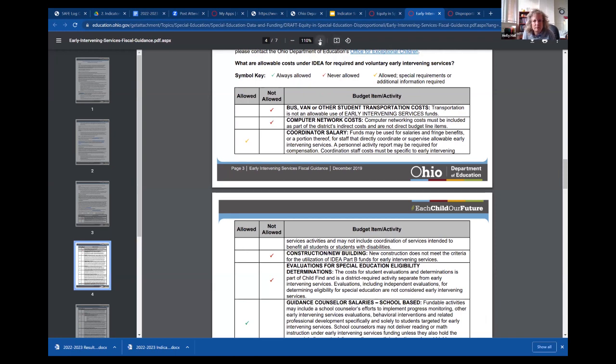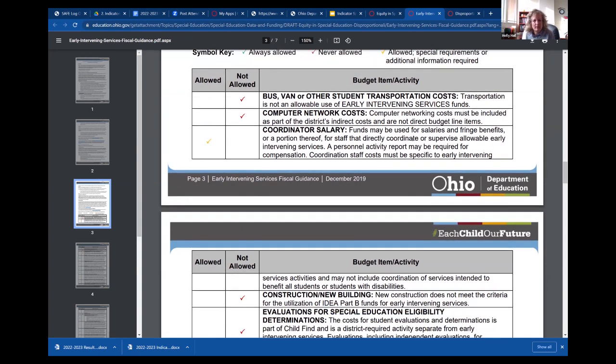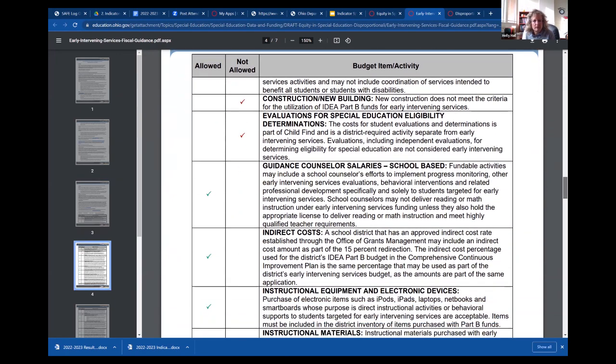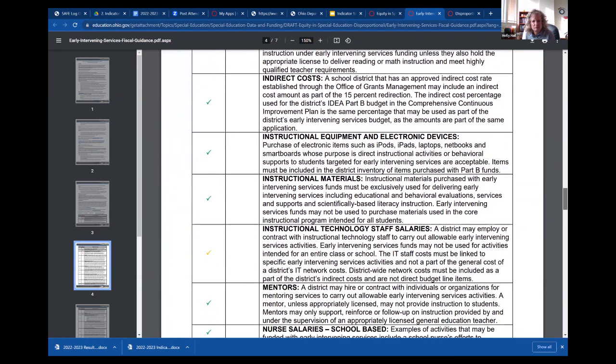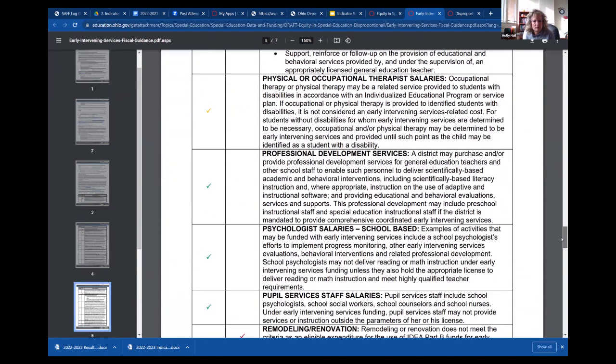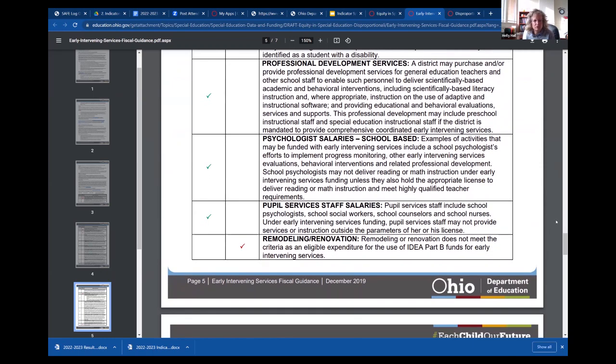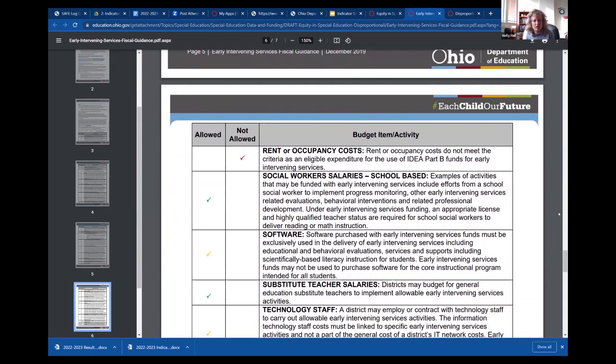I don't know if you can see the red, never allowed, green, always allowed, and then the yellow check, allowed, special requirements or additional information as needed. Starting on page 3, we'll scroll through pages of what's allowed and what's not. So that document will be useful in terms of having some of those conversations.